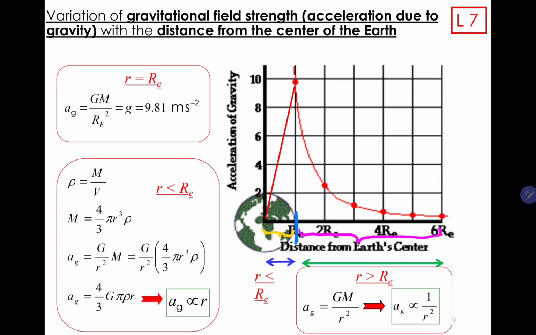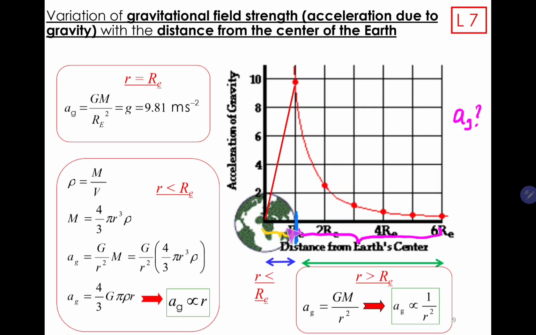Three different positions: below the Earth's surface, on the Earth's surface, and above the Earth's surface. So what is the value of Ag? Are they equal or different? Now let's start with the first part, which is below the Earth's surface. This is the Earth's surface. So below the surface, what is the value of Ag?